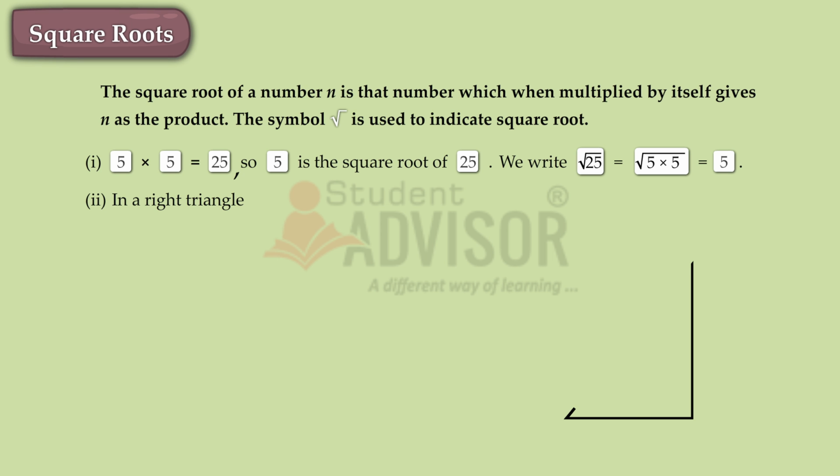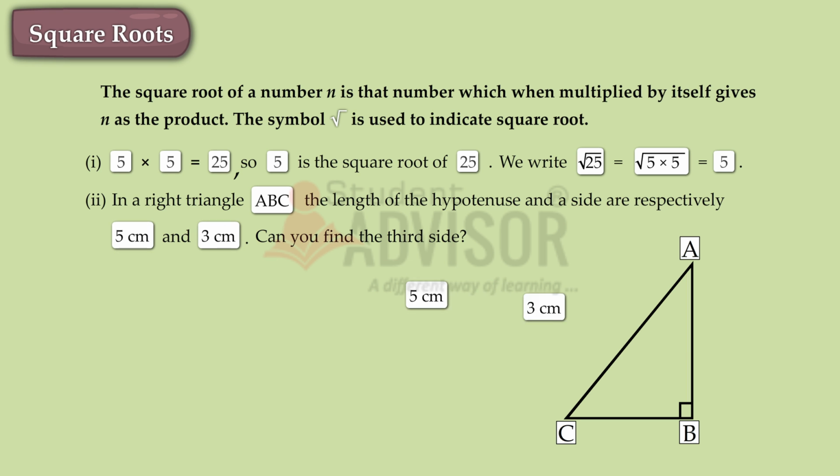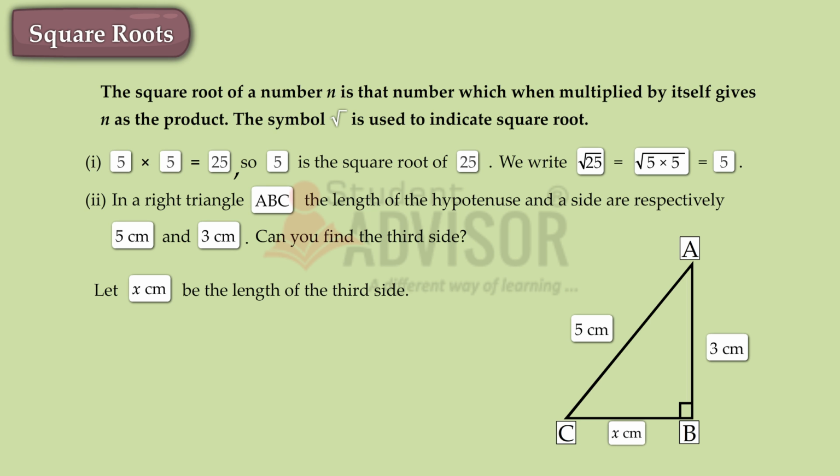In a right triangle ABC, the length of the hypotenuse and a side are respectively 5 cm and 3 cm. Can you find the third side? Let x centimeter be the length of the third side. Using Pythagoras theorem, 5 square equals x square plus 3 square.